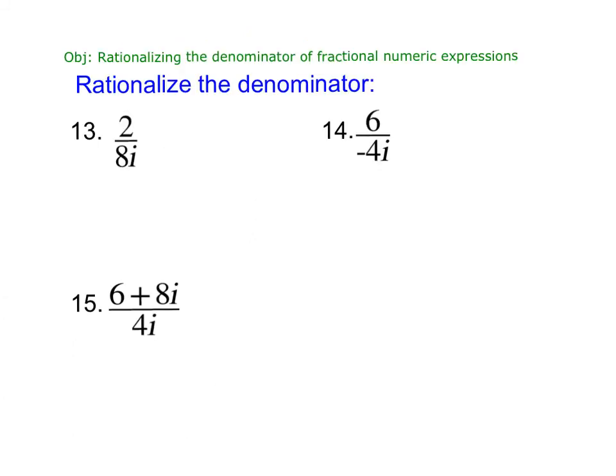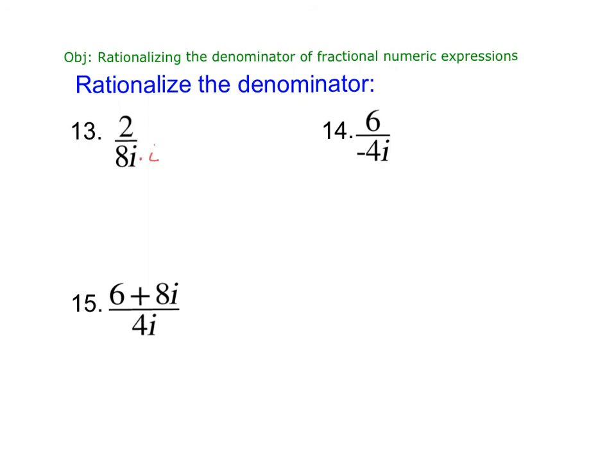All right, literally, here's the great part. The directions for rationalizing the denominator and dividing, it's literally the same thing. There's no difference between dividing and rationalizing the denominator. So we've actually done this. So just go through and just practice, because we've done all this.